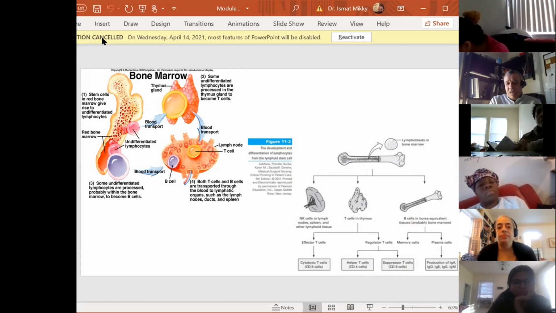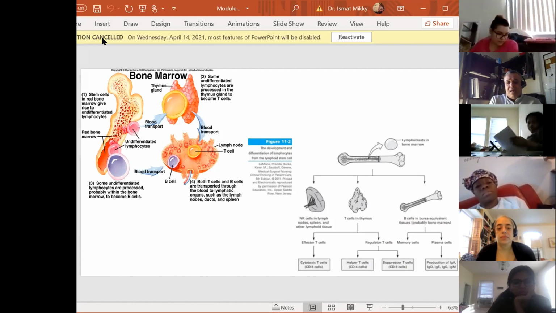The B cells travel from the bone marrow to the blood and then to the lymph nodes. So eventually, both the T cells and the B cells will be present in the lymph nodes, and they start the surveillance system.